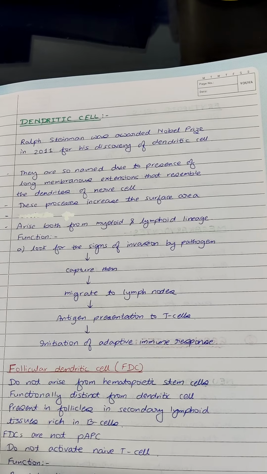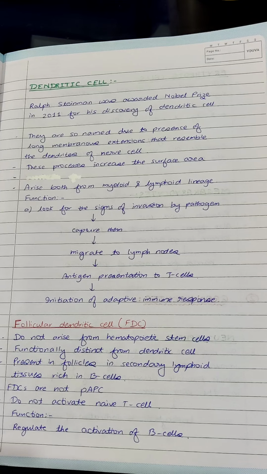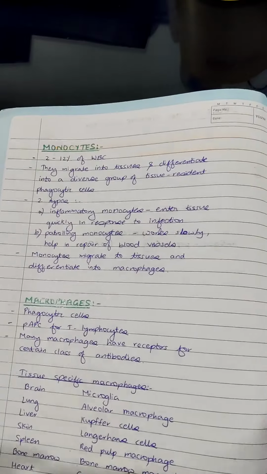These are not PAPC, that is professional antigen presenting cells, and hence they do not activate naive T cells. Their function is regulation of the activation of B cells. All these things will be covered in further videos, how they help in the activation of B cells.